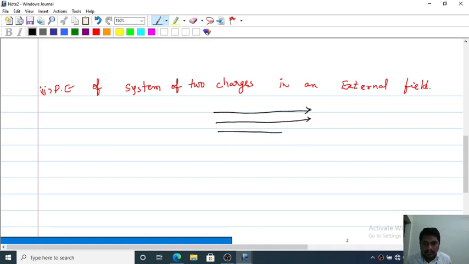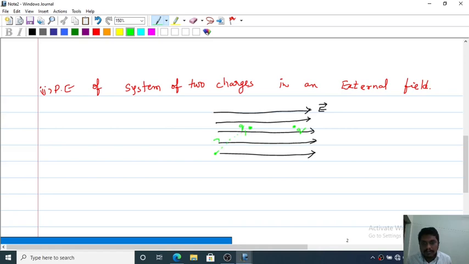This is the uniform external electric field, and we are bringing Q1 and Q2. Let this be the origin.